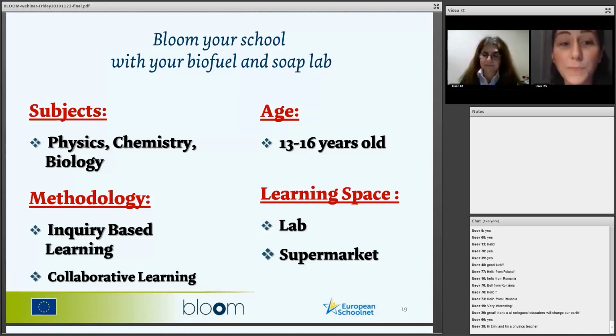The methodology used was inquiry-based learning as well as collaborative learning. We wanted to have active learning that starts from posing questions and involves investigation by students. The learning spaces that we used were basically our science lab and the local market, so they used the supermarket a lot.